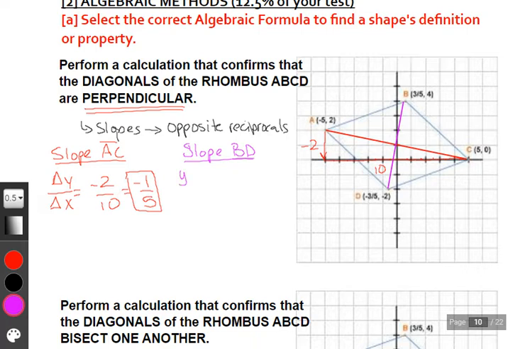We take y2 minus y1 over x2 minus x1. So we look at the change in the y's: we have 4, subtract off -2. We look at the change in the x over the same interval: 3/5 and then subtract off -3/5.